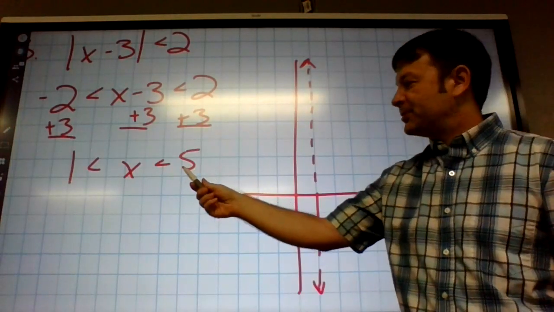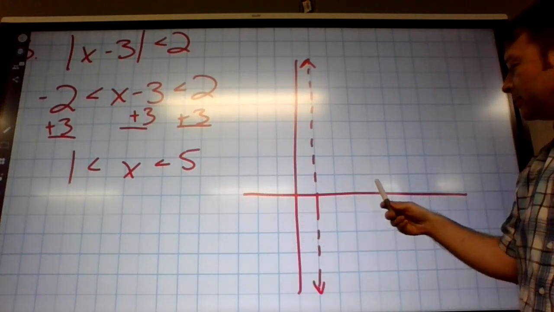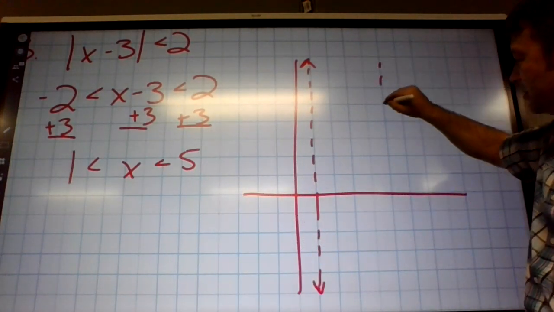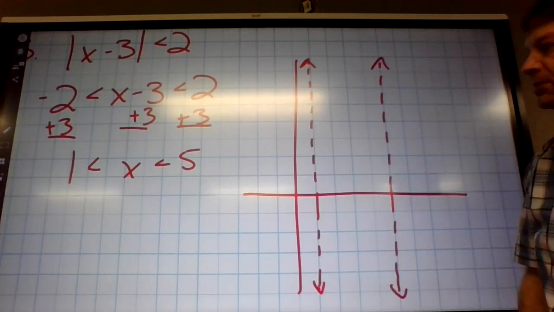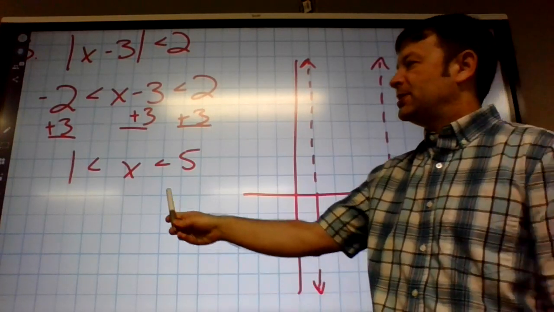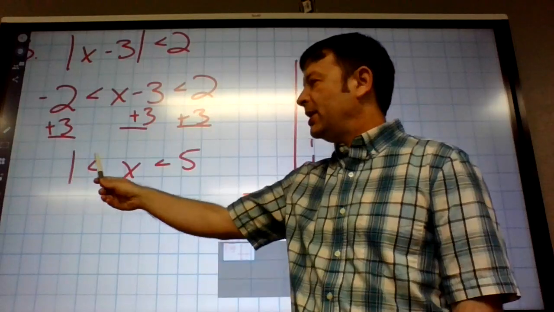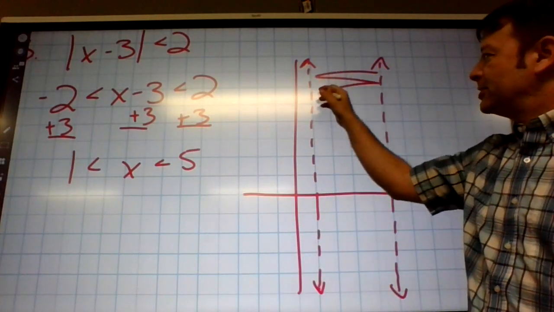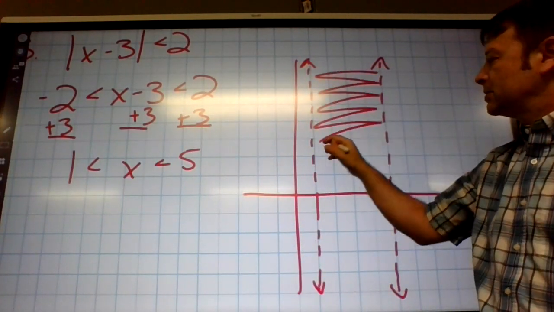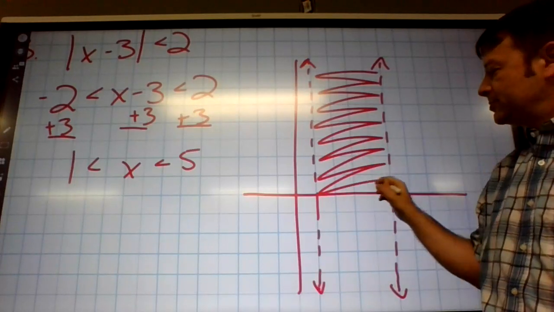And x equals 5, of course, would be over here at 5. Dashed. Okay, so this is saying x is greater than 1 and less than 5. So it's all the values in between 1 and 5. All the x values between 1 and 5.